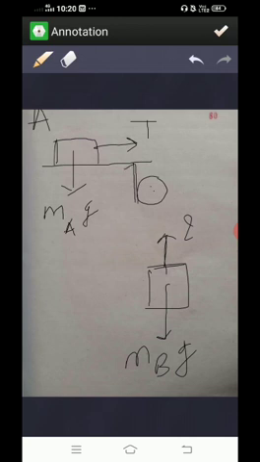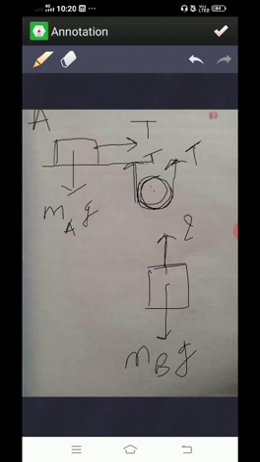Once we cut the string, we get T here, and this string is passing over like that, and on the other side we obtain one more T. So this T and this T, the direction is the same.